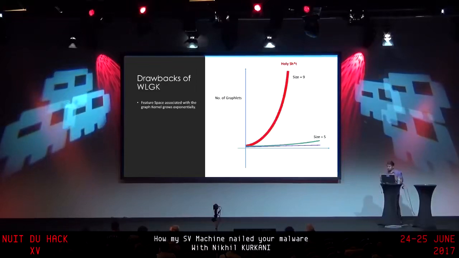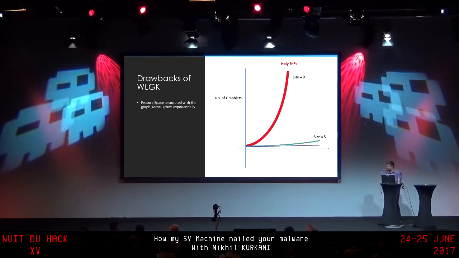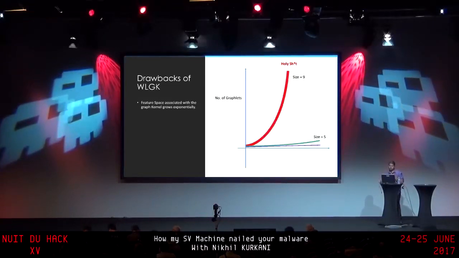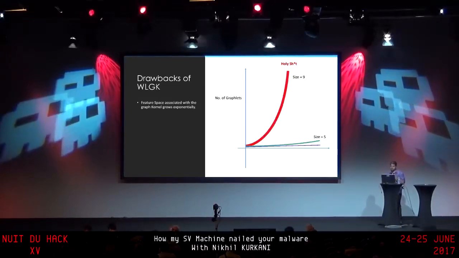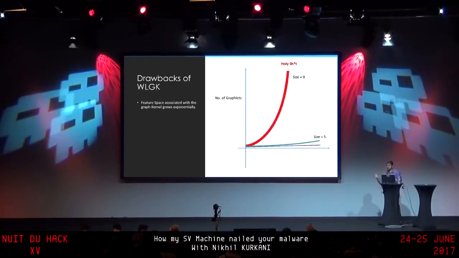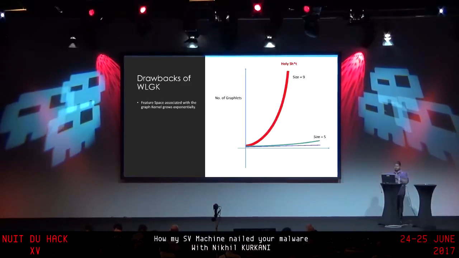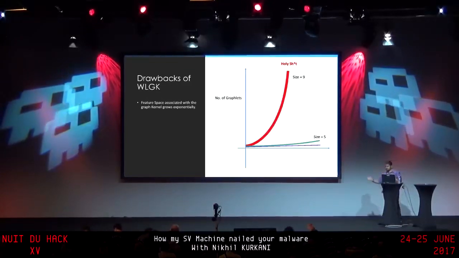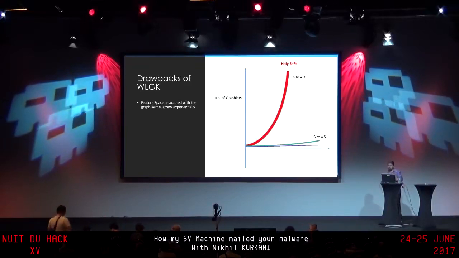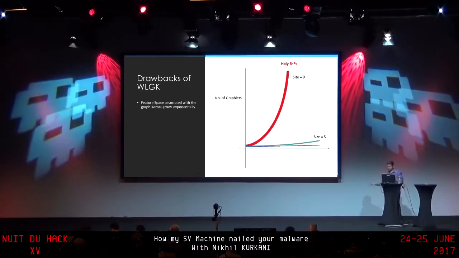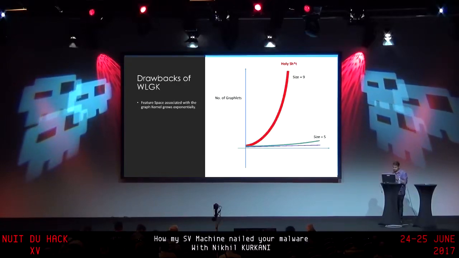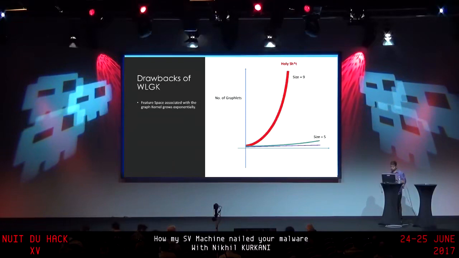This is the exponential increase that happens. After this, there would be very few similar graphs or subgraphs that you would see, so they won't be able to see any similarity between each other, the graphlets won't match, and you would obviously end up getting wrong results in deciding whether things are malicious or not.